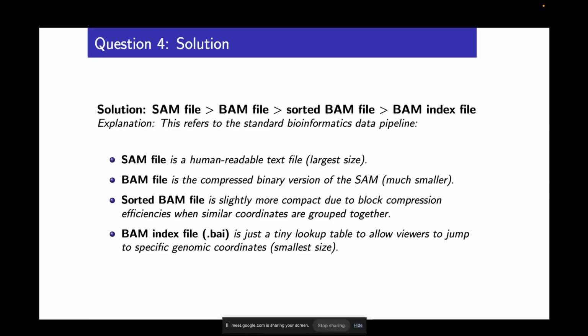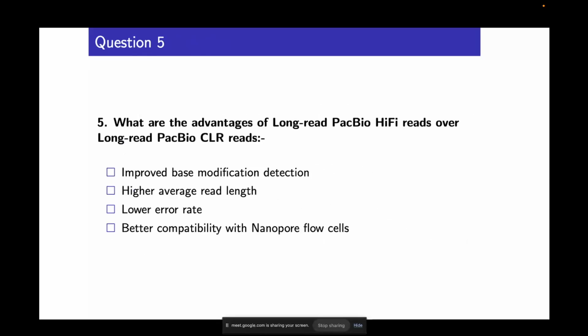It's not in a human readable format. So BAM is smaller than SAM, and if you sort the BAM file, you can compress it further. The sorted BAM file will be slightly smaller than the BAM file, and the index file will be the smallest. It will be probably 1,000th the size of the actual BAM file. So yeah, moving on.